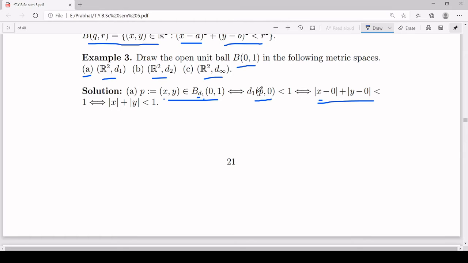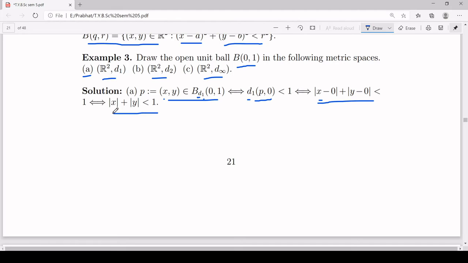This is the way we had defined our metric d1. If you have (x1, x2, ..., xn) and (y1, y2, ..., yn) in Rn, then d1 of (x1, ..., xn) and (y1, ..., yn) was defined to be the summation of mod (xi minus yi). So from there you will have mod of (x minus 0) plus mod of (y minus 0) less than 1, and this is if and only if mod x plus mod y is less than 1.